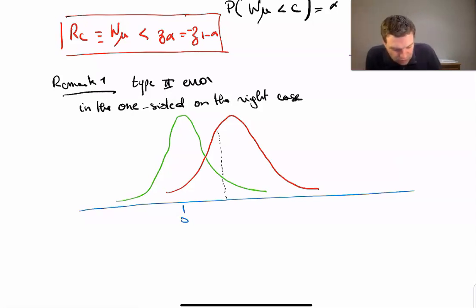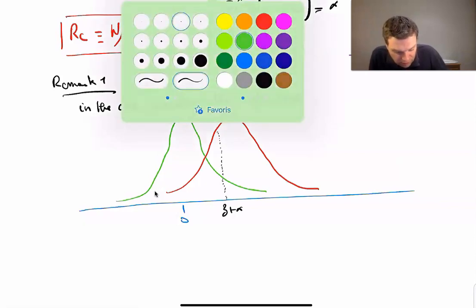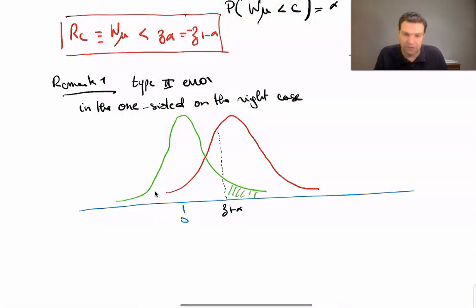But in the case of the one-sided on the right case, here we can draw z1 minus alpha. In the case of the one-sided on the left case, we would put z alpha here. And in this case, we have the type 1 error, which is here. In the case of one-sided on the left, we would have the type 1 error here.